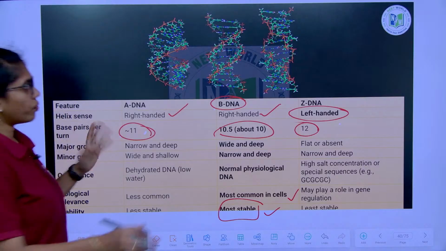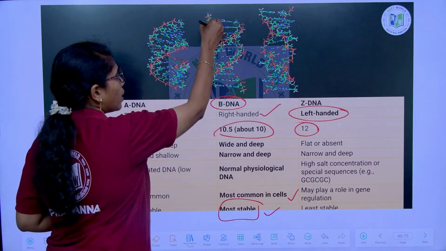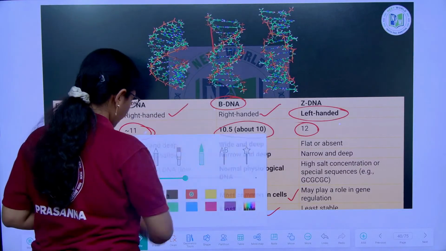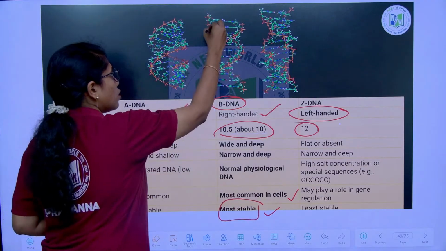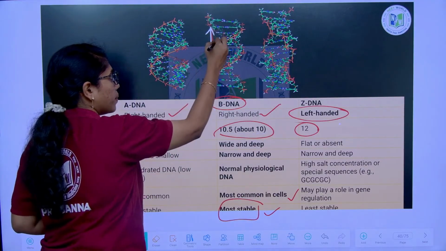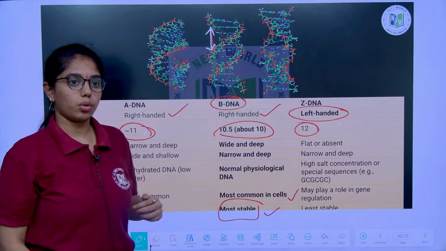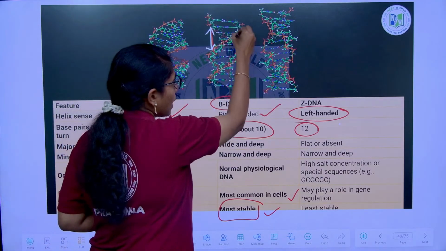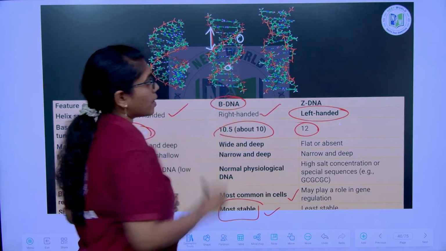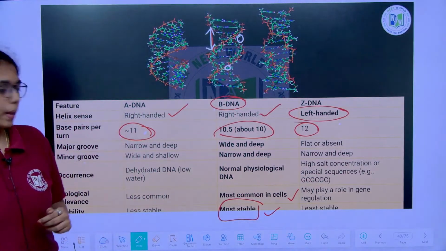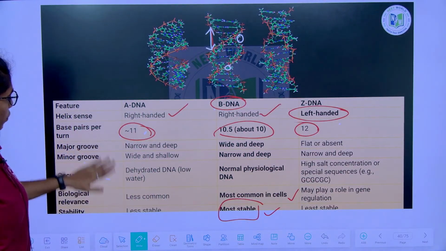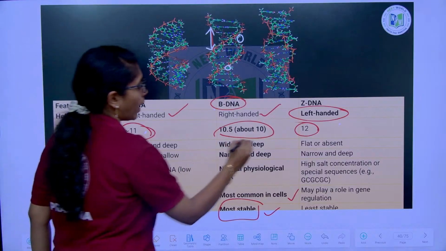See, there is more gap here, right? We'll take the example of B type DNA only. Can you see the gap here? This is addressed as major group. Can you see the small gaps here? This is addressed as what? Minor group. Like that. What is the major group here in B type DNA? Wide and deep.